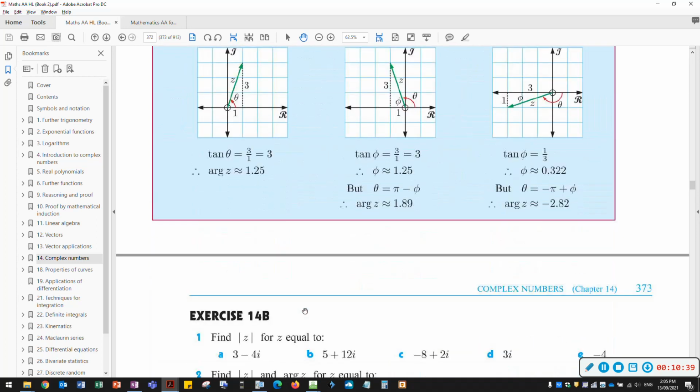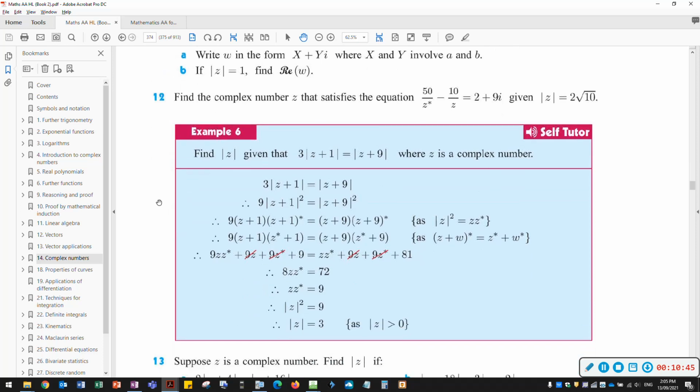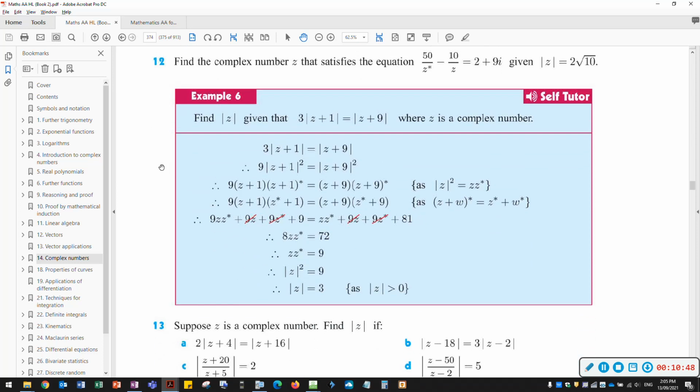Okay, so now we're going to have a look at a proof question. I just saw one here. Question 12, exercise 14b. I'm just going to quickly write this up, and we'll give it a go. So we're trying to find something that satisfies 50 over z star minus 10 over z equals 2 plus 9i, given that you know the modulus of z equals 2 root 10.